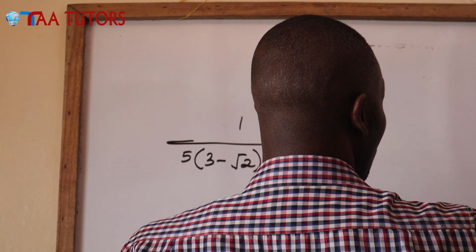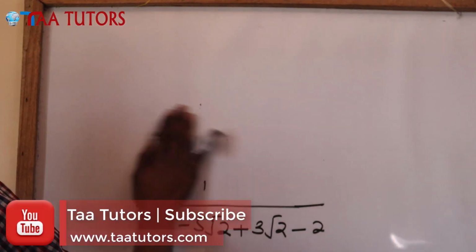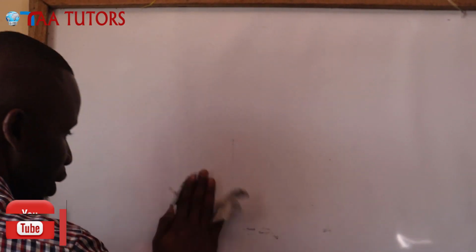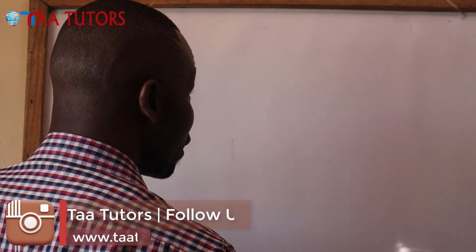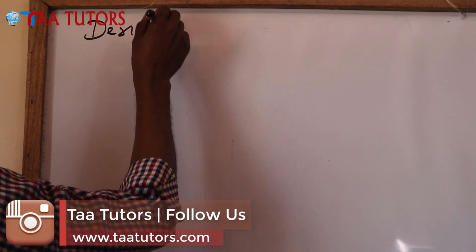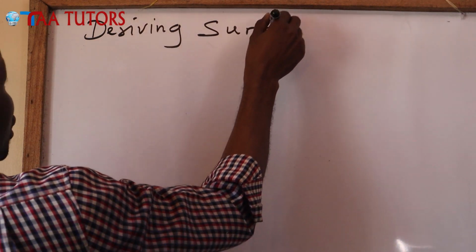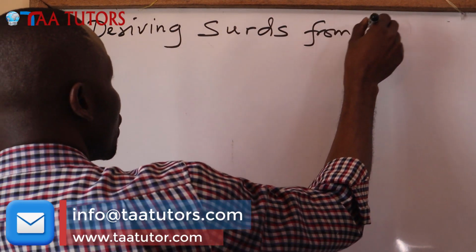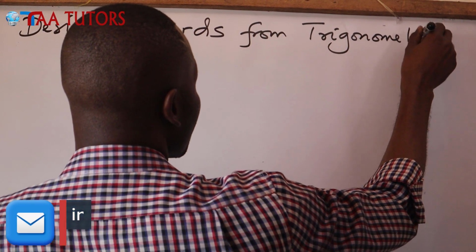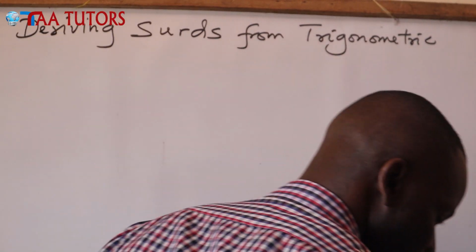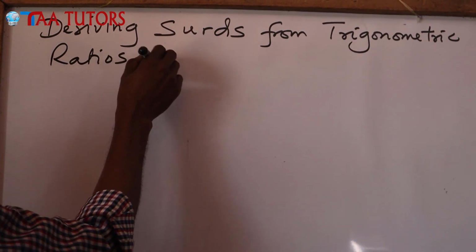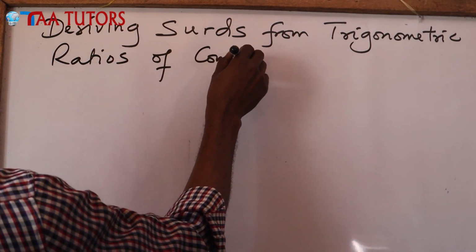This is part of what we are going to apply next time I'm here, but for now, let us see a quick review of what is expected of you when we talk about deriving surds from trigonometric ratios of common angles.